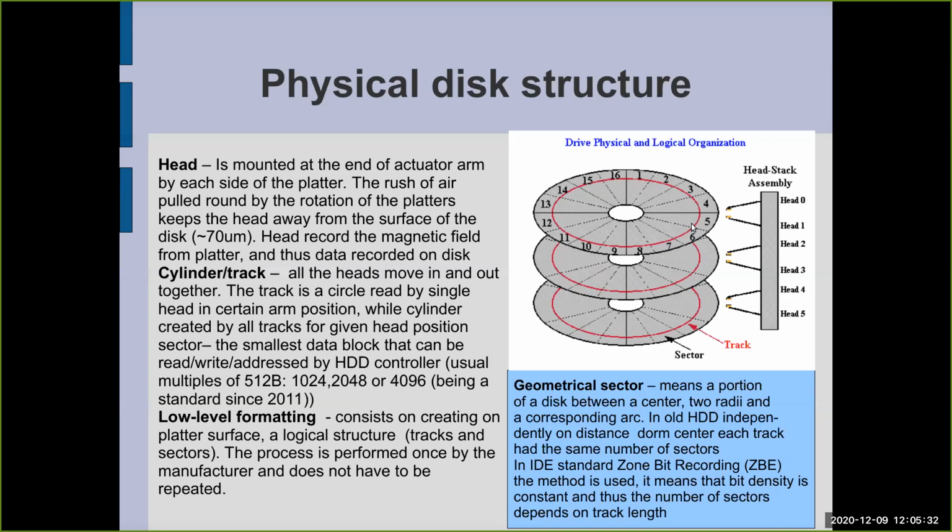What else? The track is divided into sectors. A sector is the smallest amount of data which can be read from a hard drive. In older hard drives, it's not true now, there was a geometrical sector, so every track was split into the same number of sectors.